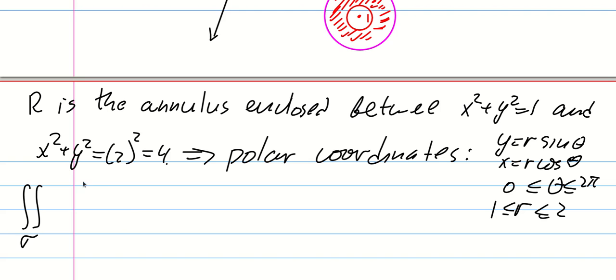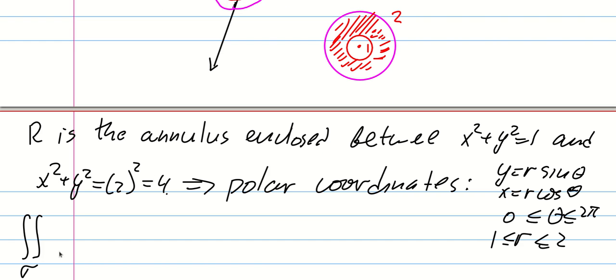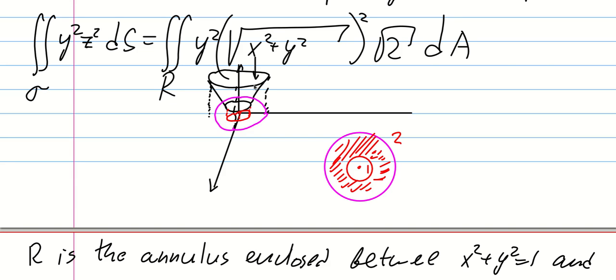All right, so the integral over sigma of y squared z squared dS now becomes, so we use this one over here.